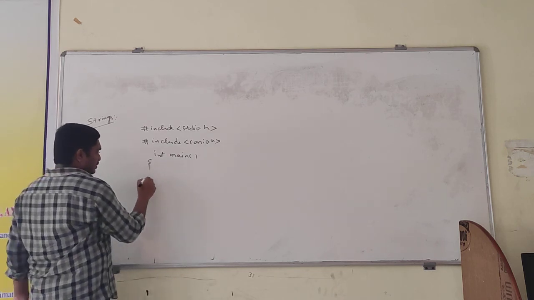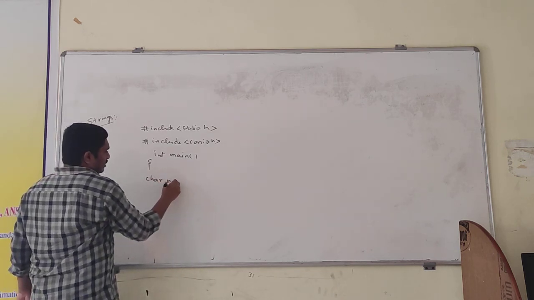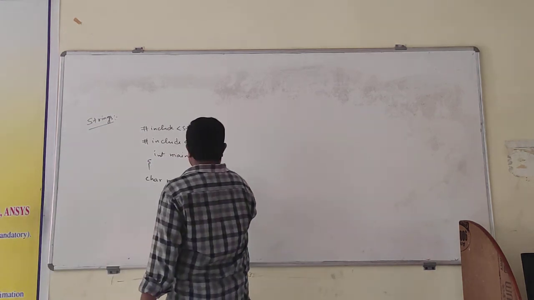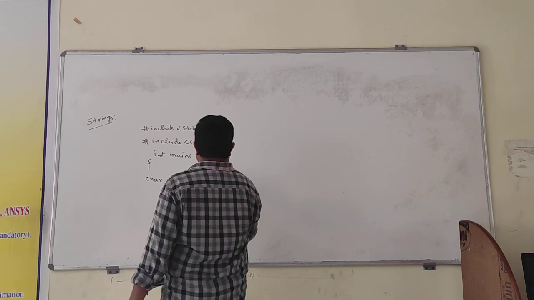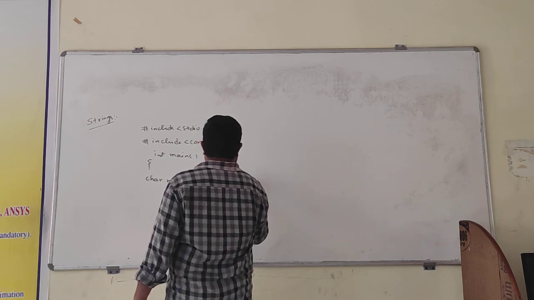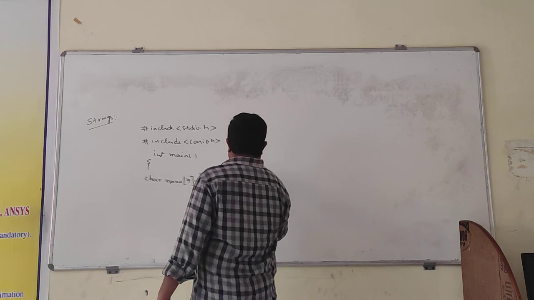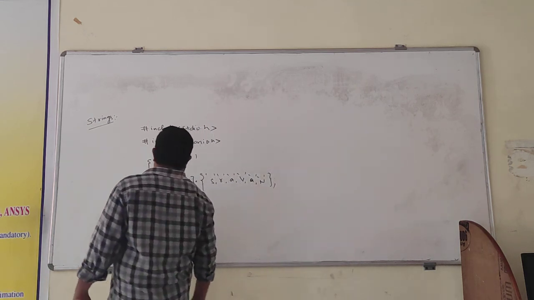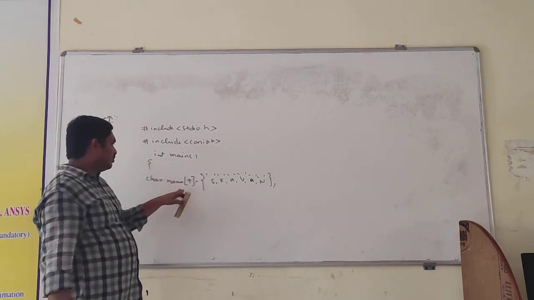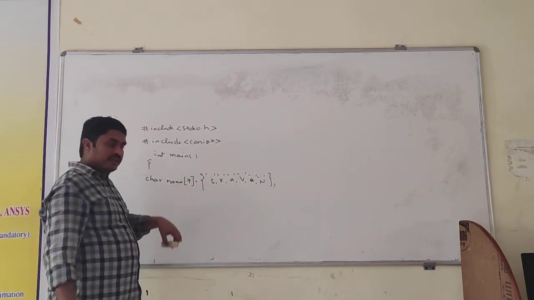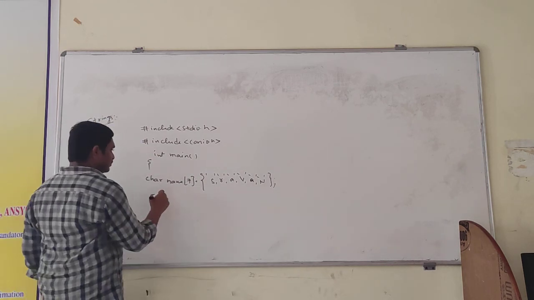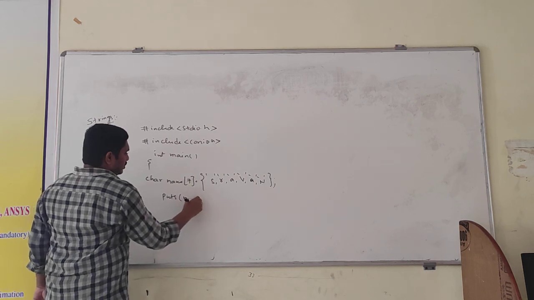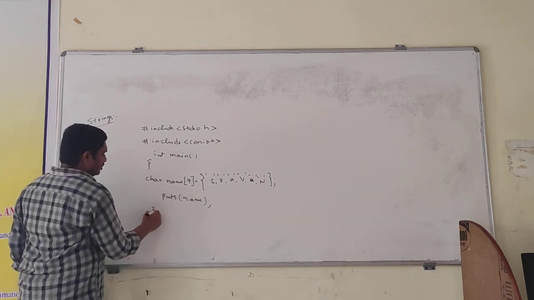First, char name[7] equals S R A V A L. I am taking the name into name, and if I want to print this, just simple.